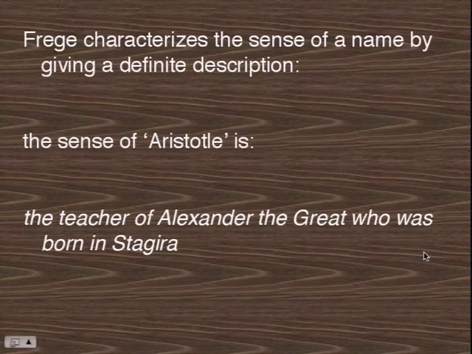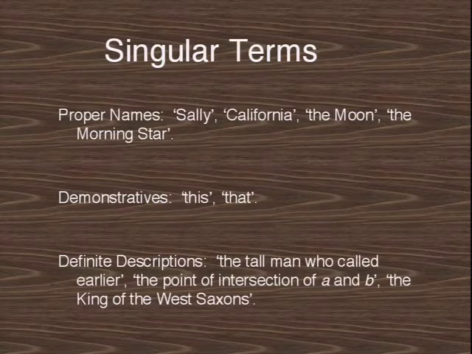In practice, when Frege gets down to brass tacks and has to tell you what the sense of a name is, what always happens is that he gives you a definite description. If he's giving you the sense of a name, like Sally or California or the moon, he explains what the sense is by giving you a description.